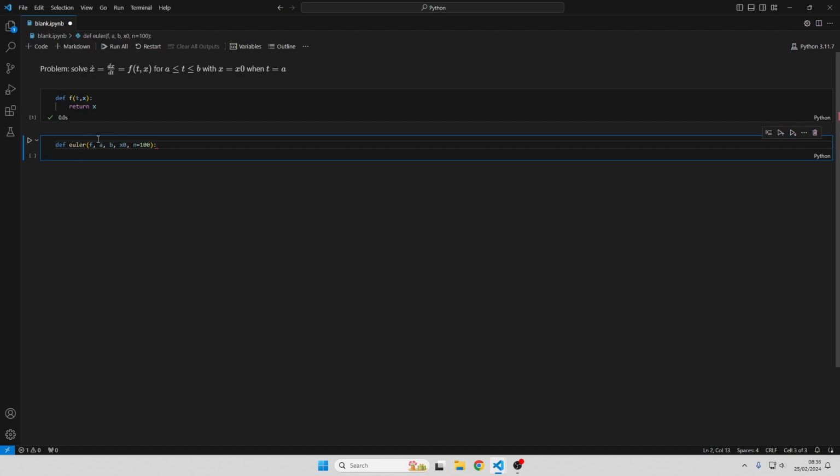So that's our first thing here. f is going to be this function that we just defined, and then we've also got arguments a and b to tell us the range of t values, and x naught to tell us the initial x value. And then we're going to do this step by step. We're going to divide the interval from a to b up into a whole bunch of time steps, and so we need an extra parameter which is going to tell us how many steps to do.